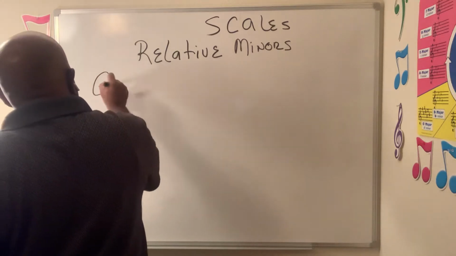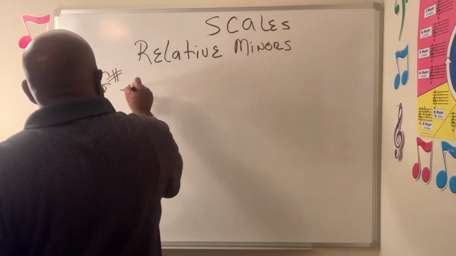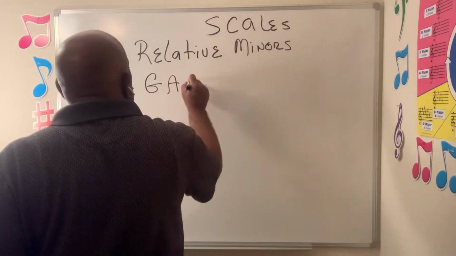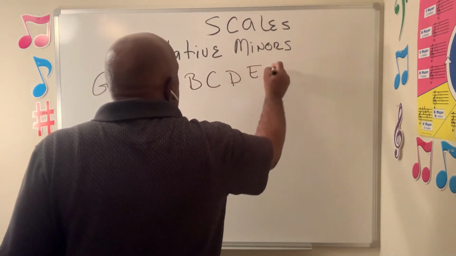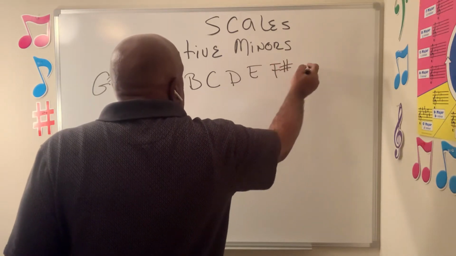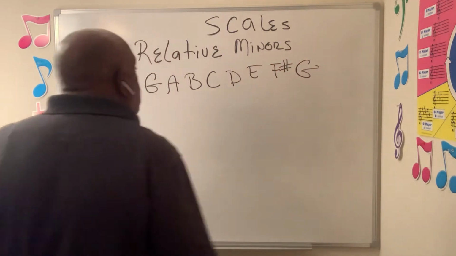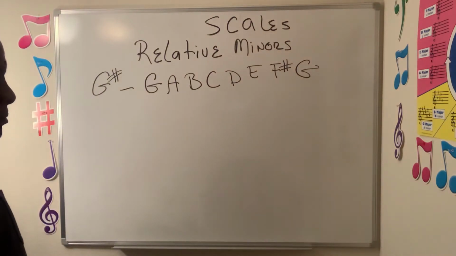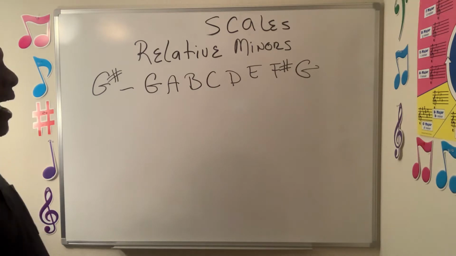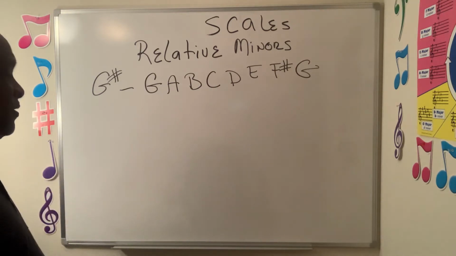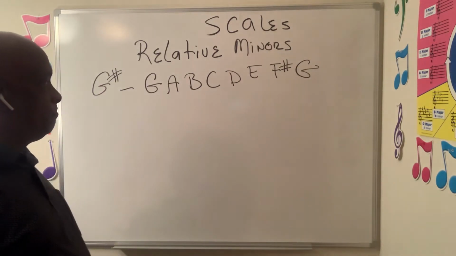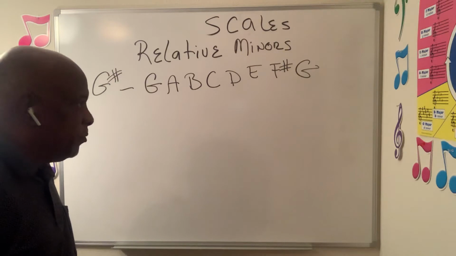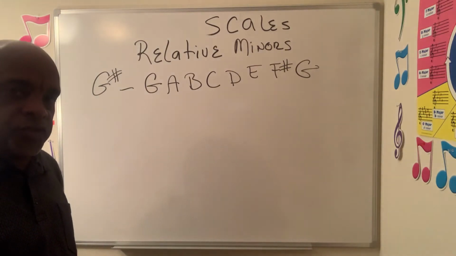G, A, B, C, D, E, F sharp, and G. Now, I want you to look at that and see if you can tell me what the relative minor of G sharp major is.